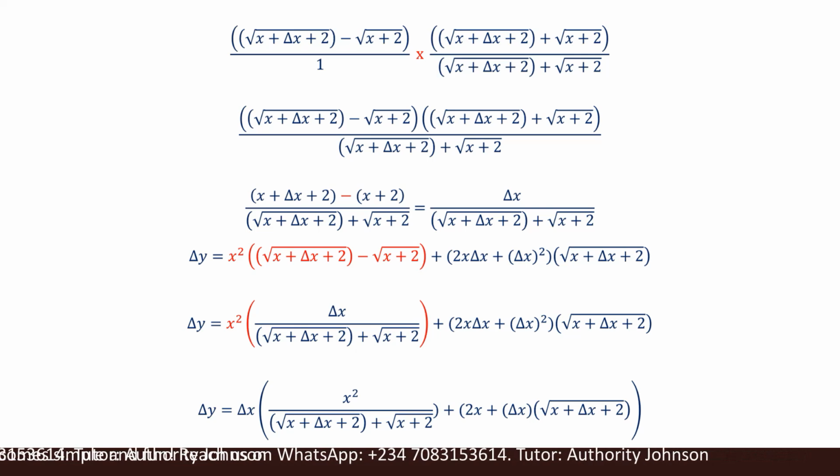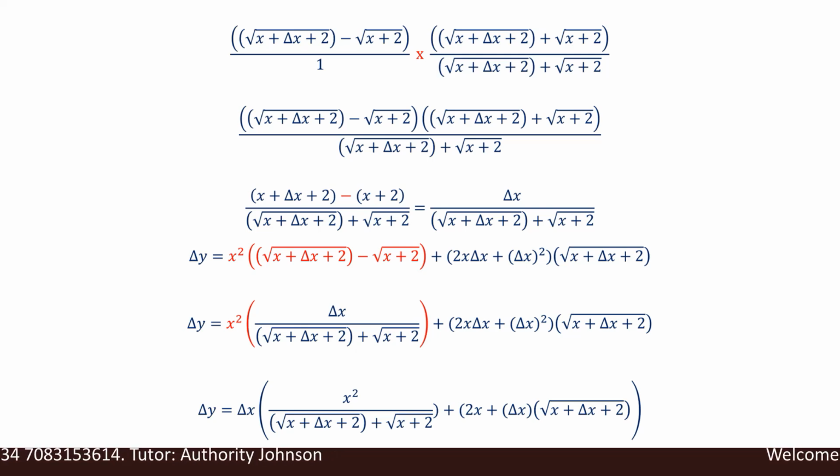Then we have plus the second term, where we have 2x change in x plus change in x squared. When we factor out change in x, we are simply going to have 2x plus change in x. Then we have multiplied by square root of x plus change in x plus 2.